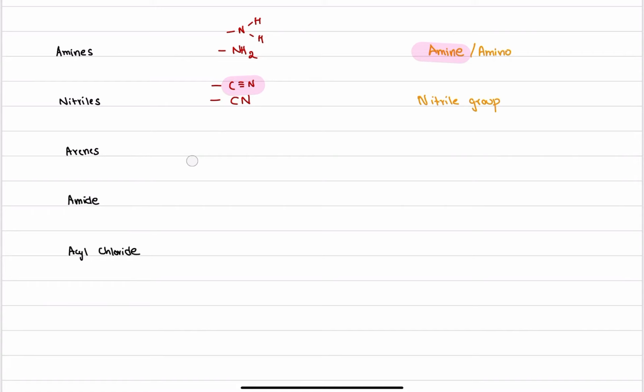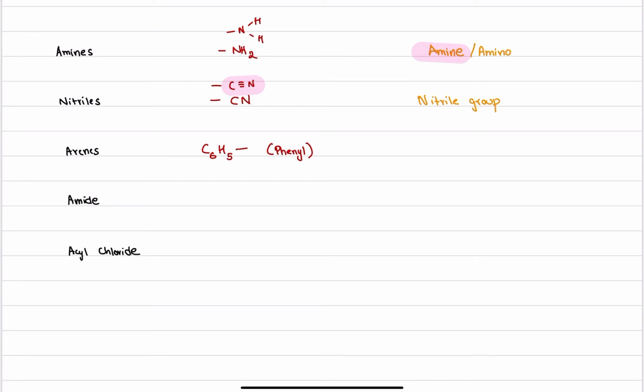Now, if in this C6H6, I remove one of these hydrogens so that I can replace it with some other group, then this group right here, which is C6H5, is called the phenyl group, and this is another functional group.